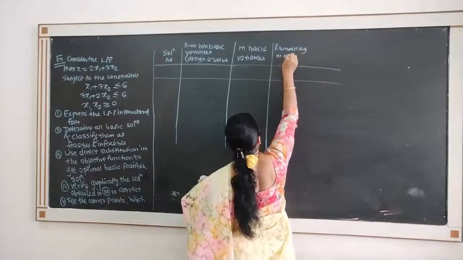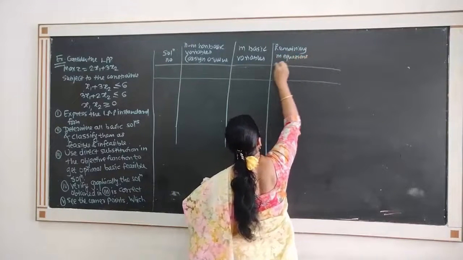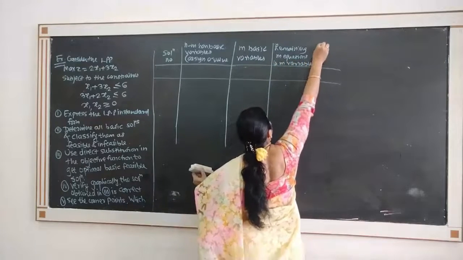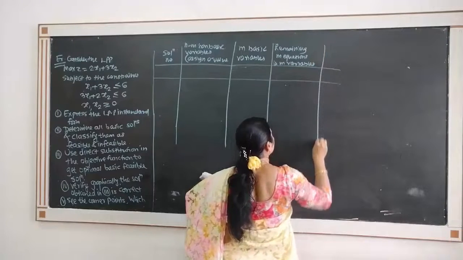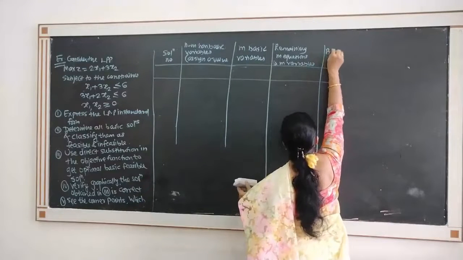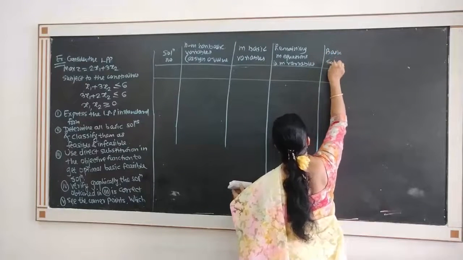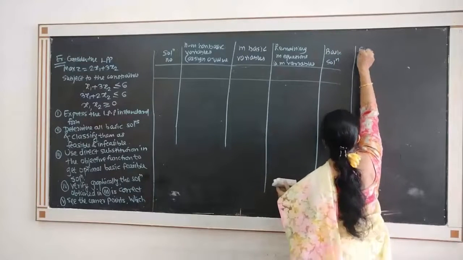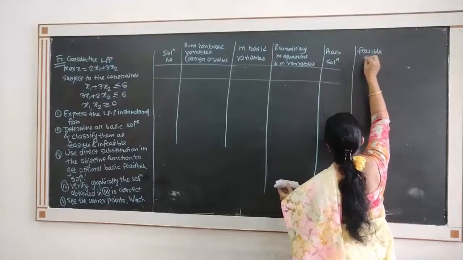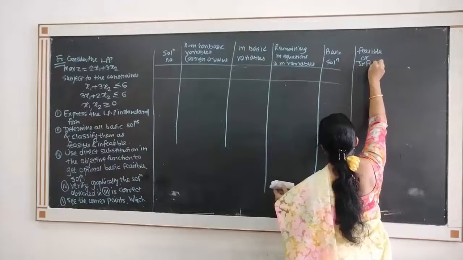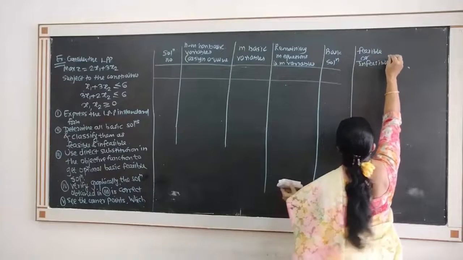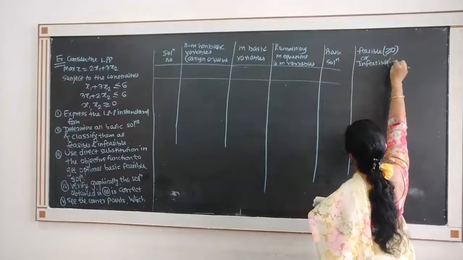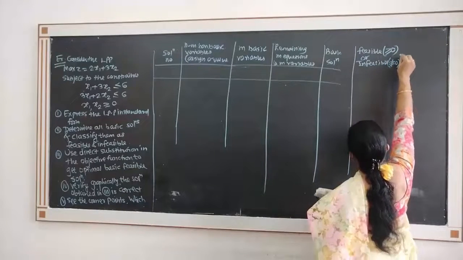Solve the remaining m equations in m variables, then we get a basic solution. Check whether that solution is feasible or not. Feasible means all variables should be greater than or equal to 0. Infeasible means all are not greater than or equal to 0.